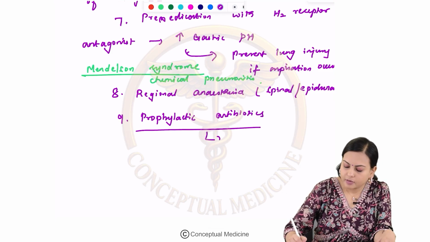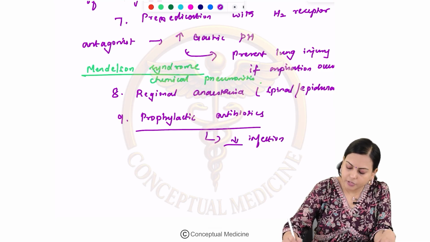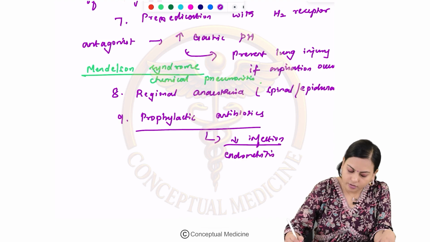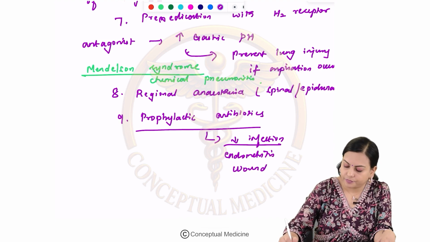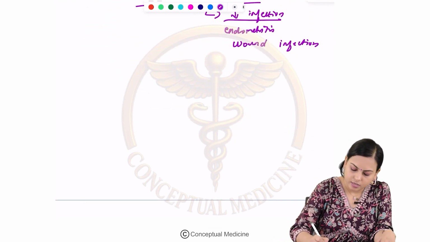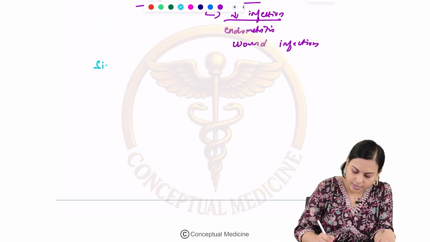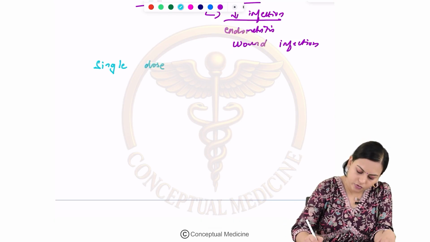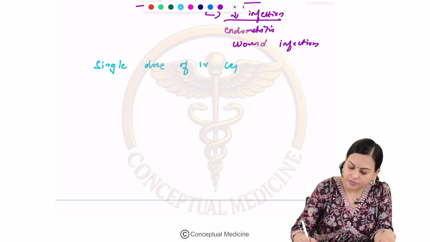This will help in reduction of infection that can lead to endometritis or wound infection. Clear? Yes. Now, which antibiotic we can give means, we can give single dose of IV cefazolin.